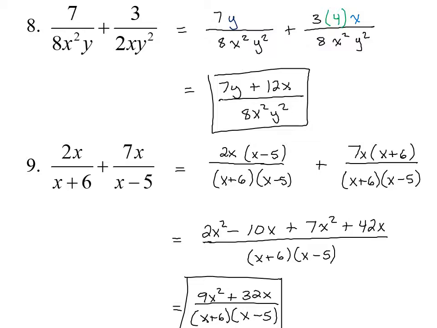Now, it is possible at this step that you could have something in common that you could factor out and cancel it. If you do, go ahead and do that. Here we don't. 9 doesn't go into 52, and 3 doesn't go into both of them. So you can't factor out a number. You could factor out an x, but it won't simplify. So I'll just leave it like that.